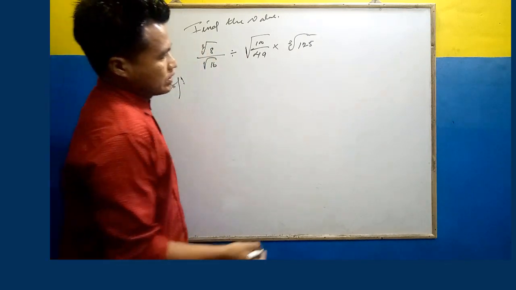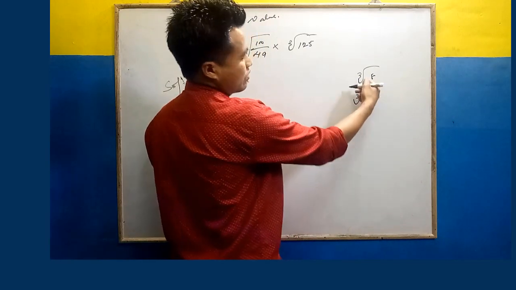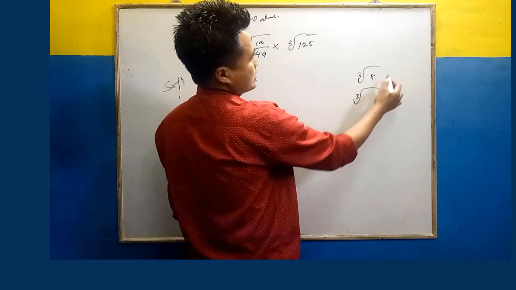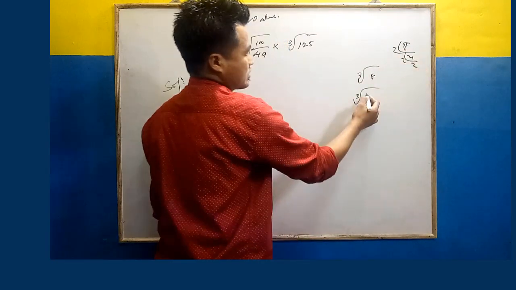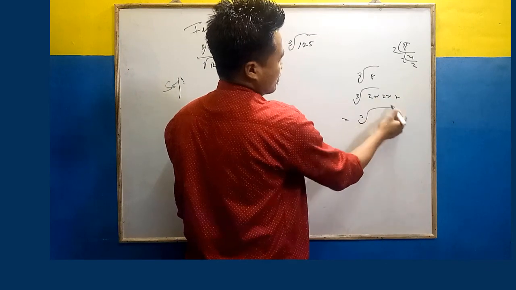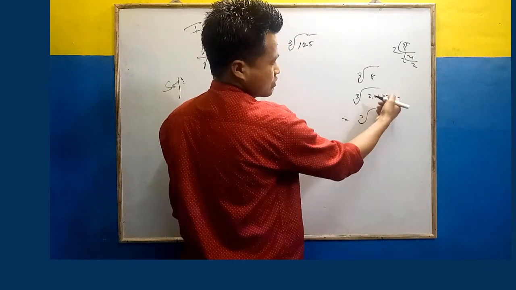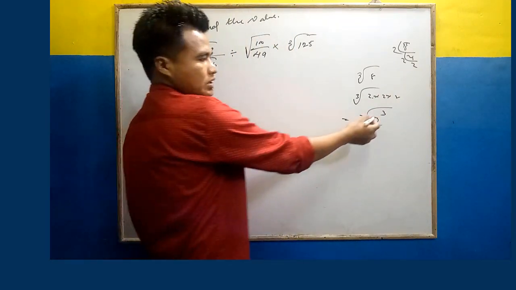Okay, so if you want to simplify this one, 8 can be written as 3 root of this one. What are the factors of 8? 2 4s are 8, 2 2s are 4. This is 2 into 2 into 2, isn't it? So this can be written as 3 root 2 to the power 3. Right? This and this will get cancelled actually.